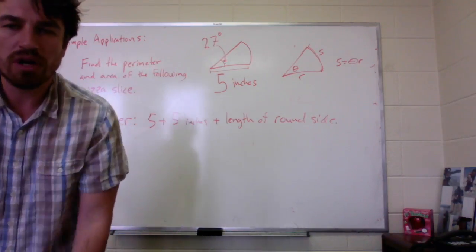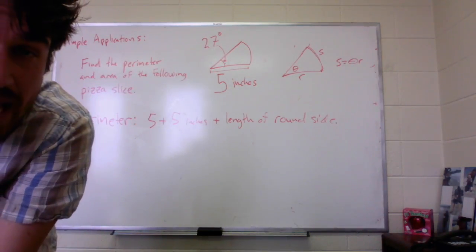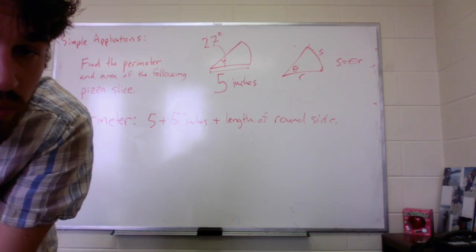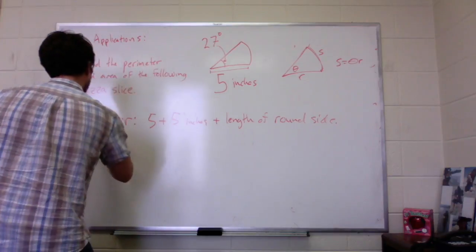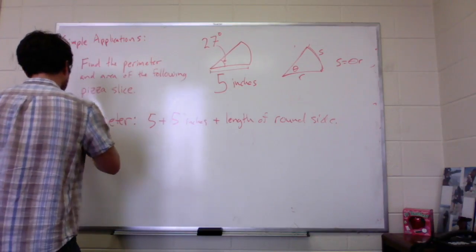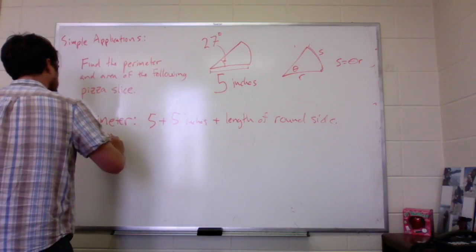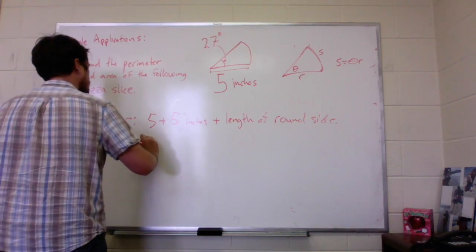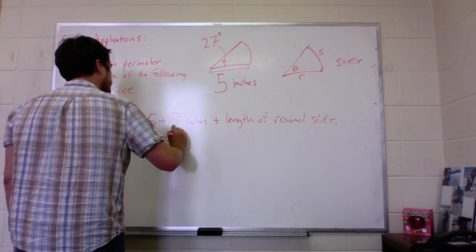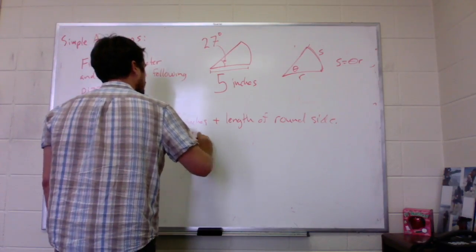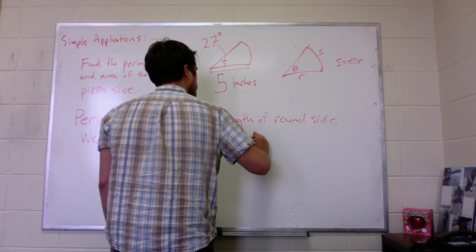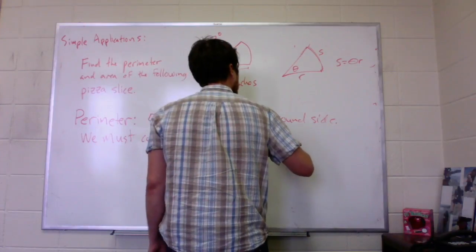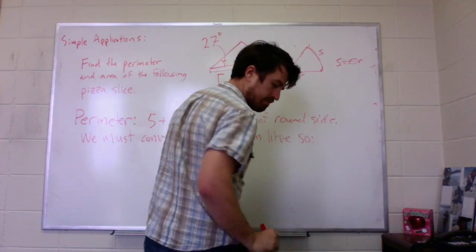The one thing that we want to be aware of, though, is that theta has to be in radians, and we're given our angle in degrees. So we must convert theta into radians, like so.